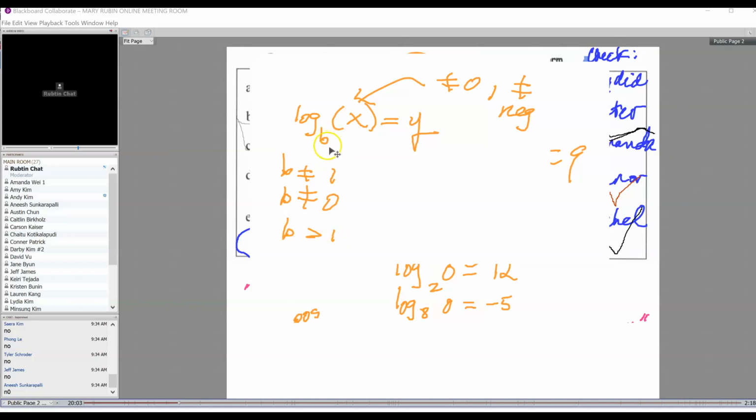So you could have a 1/2 power here, because you can raise 1/2 to some power and get a valid number. It has to be greater than 0, and it cannot be equal to 1. It can be a fraction as long as it doesn't result in 0 or 1. Just wanted to clarify that.